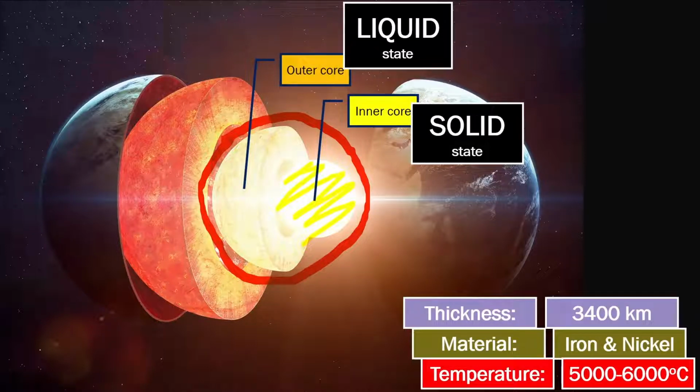So don't get confused here, because the material for both outer and inner core is still the same, iron and nickel, which are metals, but their form is different. So the outer core is in liquid form, while the inner core is in solid form.